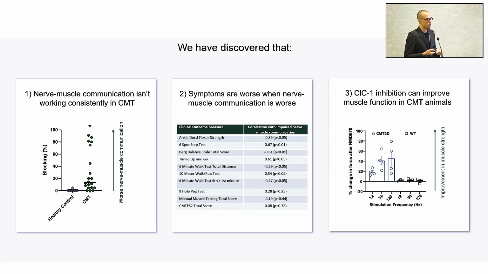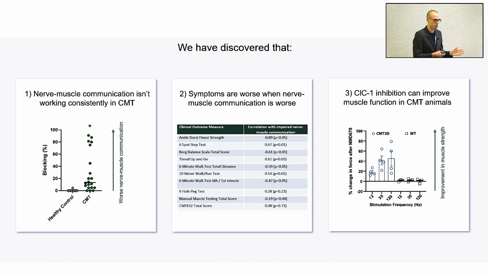We have also done preclinical work. I'm here sharing data from one preclinical experiment which was conducted in a CMT2D mouse model of CMT. And here we showed that when we gave NMD670, we could increase muscle strength in these animals that were affected with CMT2D.